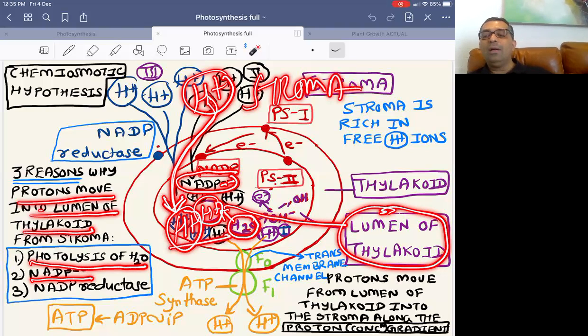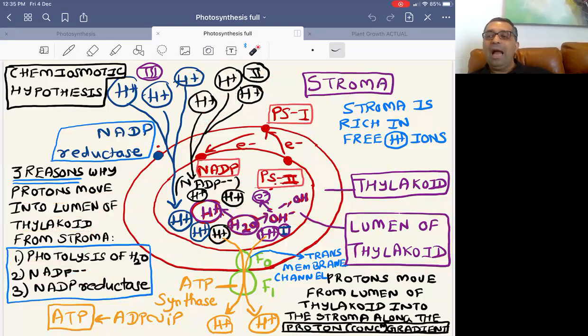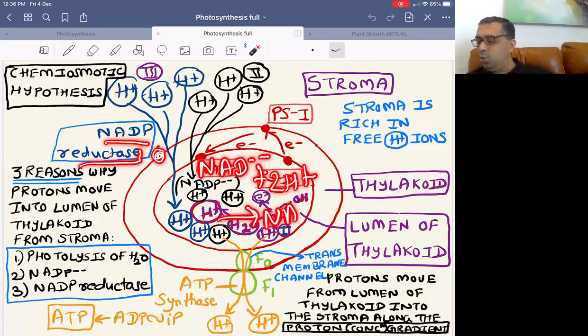And what else, sir? Sir, do we remember NADP minus minus has to become NADPH2? But for that, you need the presence of an enzyme, and that enzyme is called NADP reductase. NADP reductase will combine NADP minus minus with proton to become NADPH2.